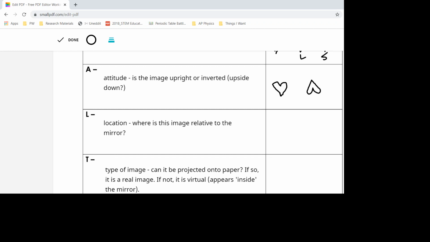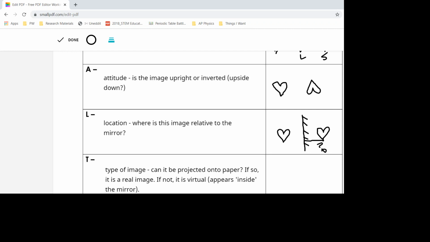This one is basically just figuring out, here's my mirror, where it is compared to the object. It doesn't like to draw dots. There we go. And then the type of image.